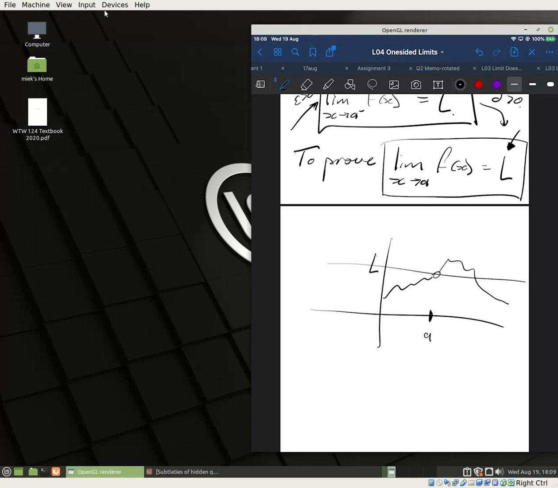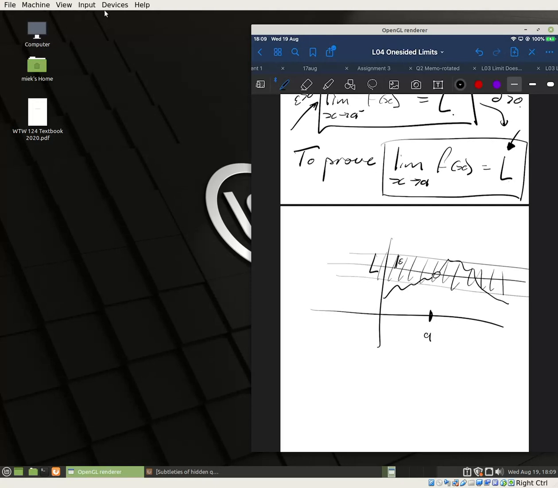So what do we have to prove? We have to prove for every epsilon, if we look at this strip of radius epsilon around L. Please disregard the skewness of my sketch.